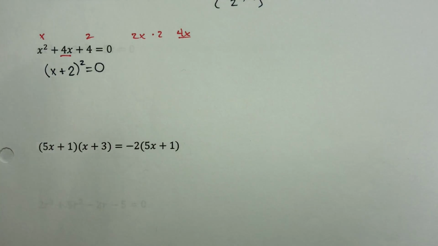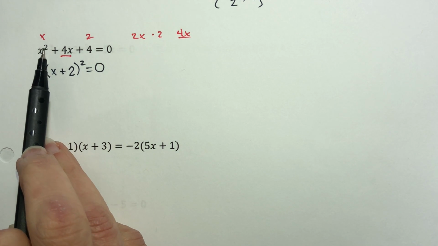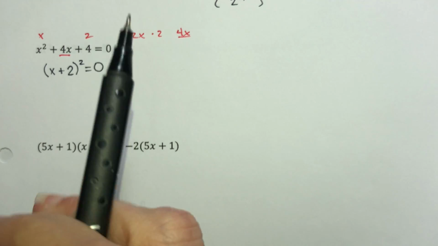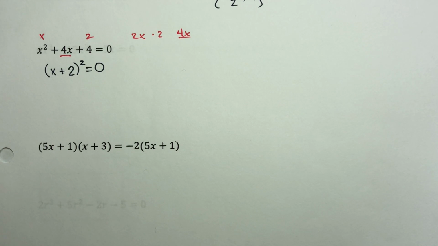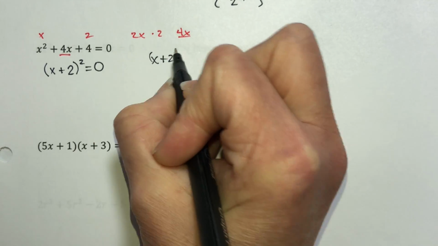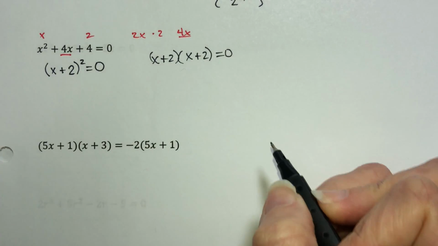I know I mentioned this earlier, we said that whatever your degree is, in this case 2, that's how many answers you should expect. And it's possible that you get the same answer twice and we count them separately for that. This is that case. Technically what I have here is x plus 2 times x plus 2 equal to 0.